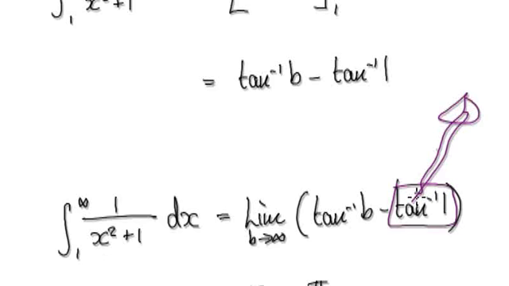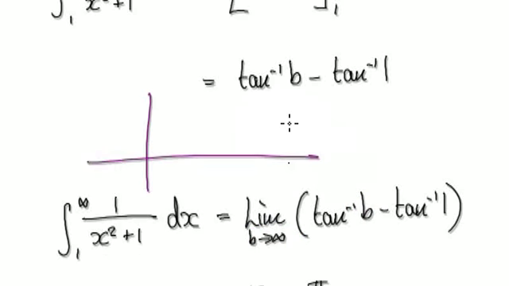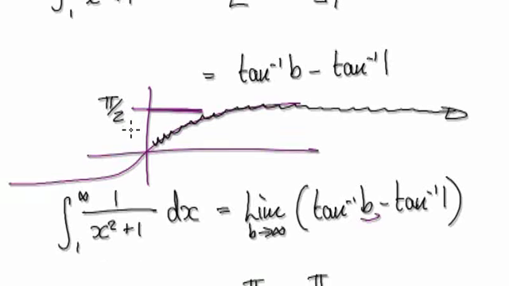It's not going to get bigger and bigger. It's going to be a definite number. Now as b heads towards infinity, if you look at the inverse tan graph, it looks something like this, and you can see that as b heads towards infinity, it is heading towards a limit, and this limit is pi over 2.